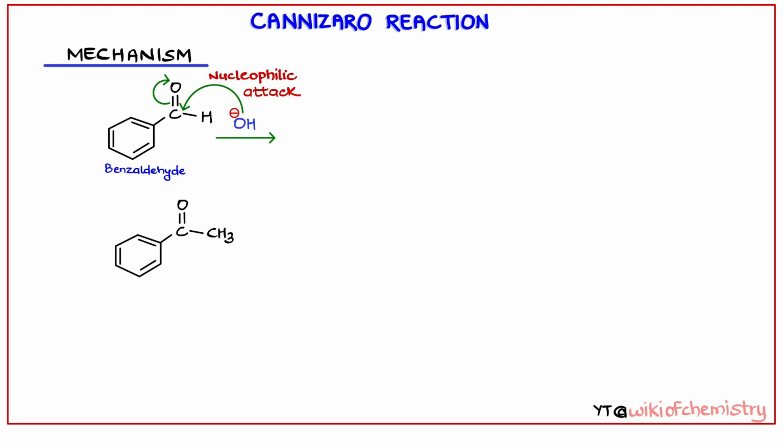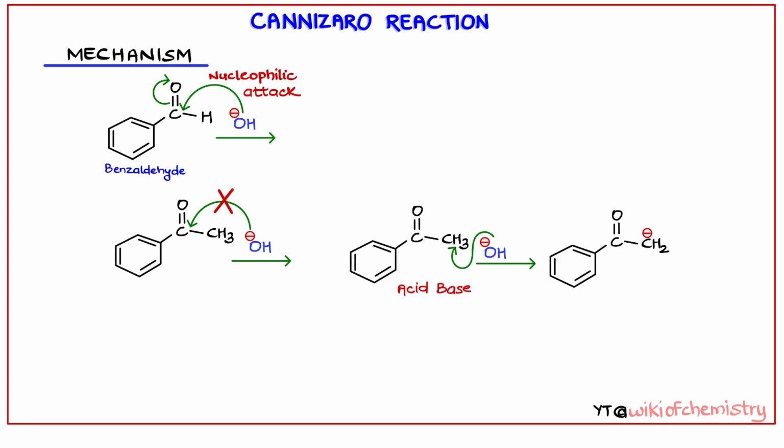Now, on a side note, if we had taken acetophenone instead of benzaldehyde, then since this molecule has a group with plus I effect, carbon is not sufficiently electron deficient to be attacked by a nucleophile. Rather, in such case, acid-base reaction would take place between OH- and alpha hydrogen and a carbanion will be generated.